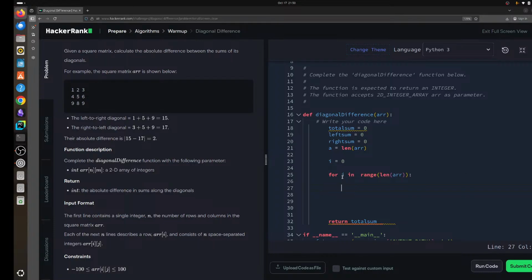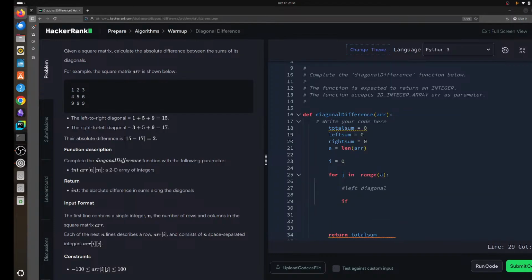So let's consider j in range of len of a. Let's calculate the left diagonal.